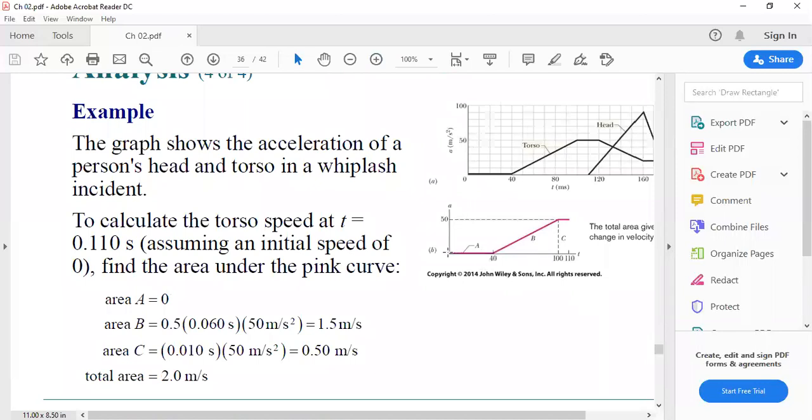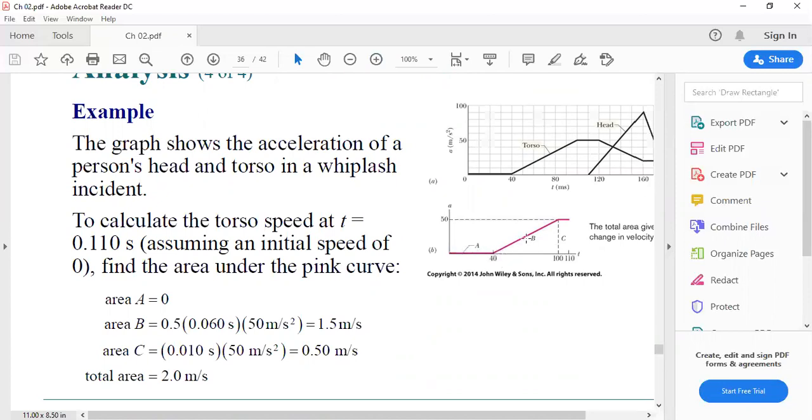So the area from here up to, let's see, 0.110. Okay, so this would actually be 0.040. The area basically between the t-axis and the graph there is going to be 0.